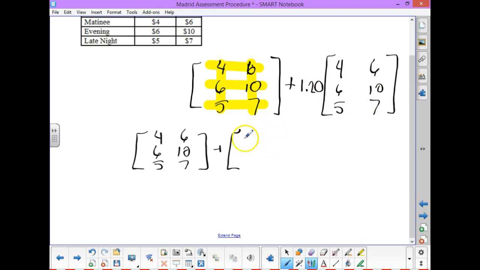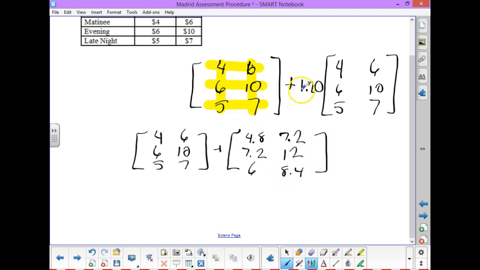So I've got 4.8, 7.2, 6, and again, I have the calculator ready, but I'm trying to do this in my head to speed things up. 7.2. Here we're going to have 12. And here we're going to have 8.4.